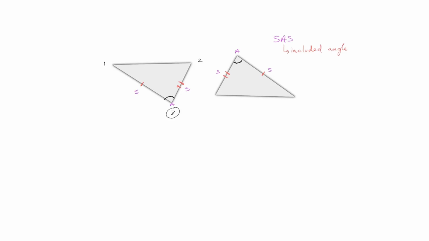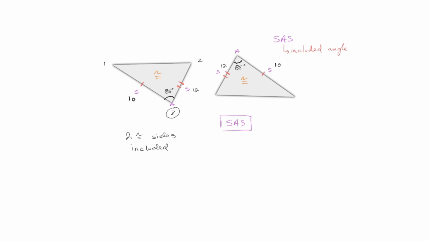So if you see here the side angle side, you can start to see that I have a side angle side rule here, which means if I have two triangles with a congruent side, let's call this a congruent angle, and another congruent side, so basically two congruent sides and an included angle, these triangles will be congruent to each other.